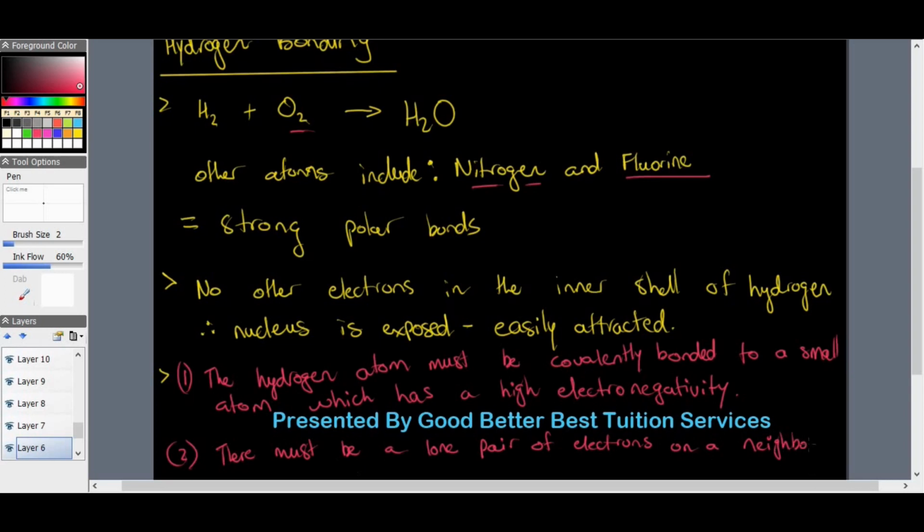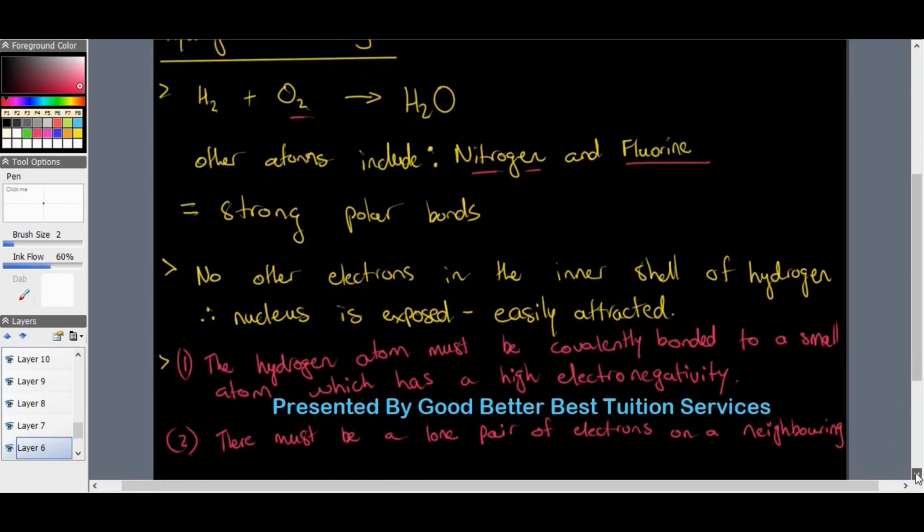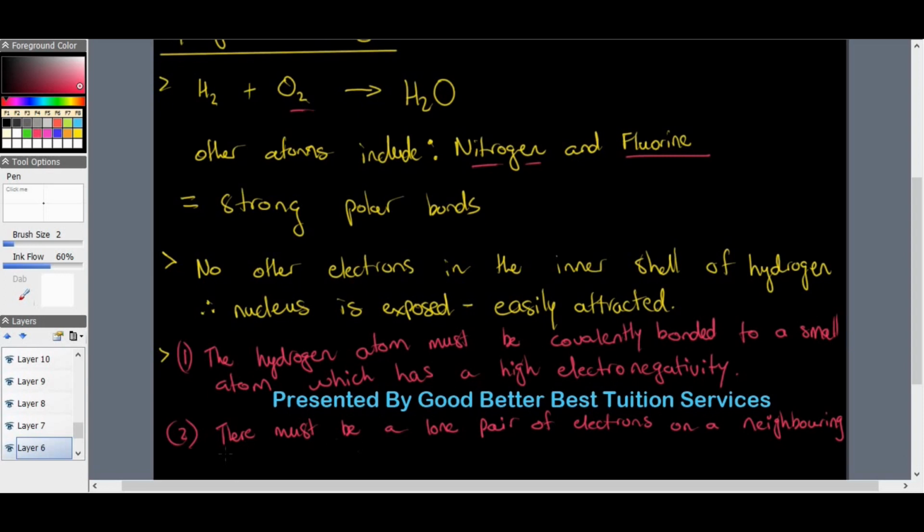I know Mary could spell it without a U, but I'm going to use the U here. On a neighboring high electronegativity atom.